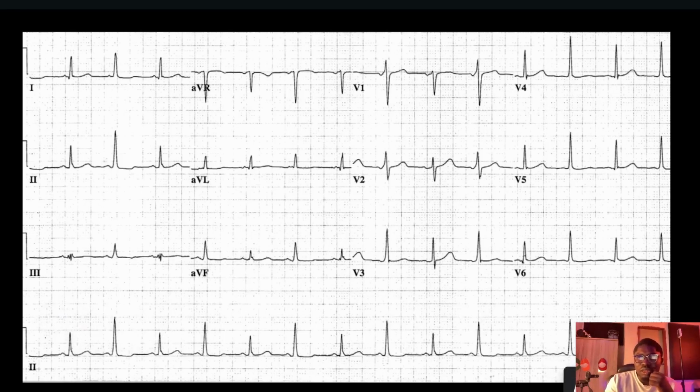We'd have to calculate the heart rate, which is 300 divided by 3.5 big boxes.